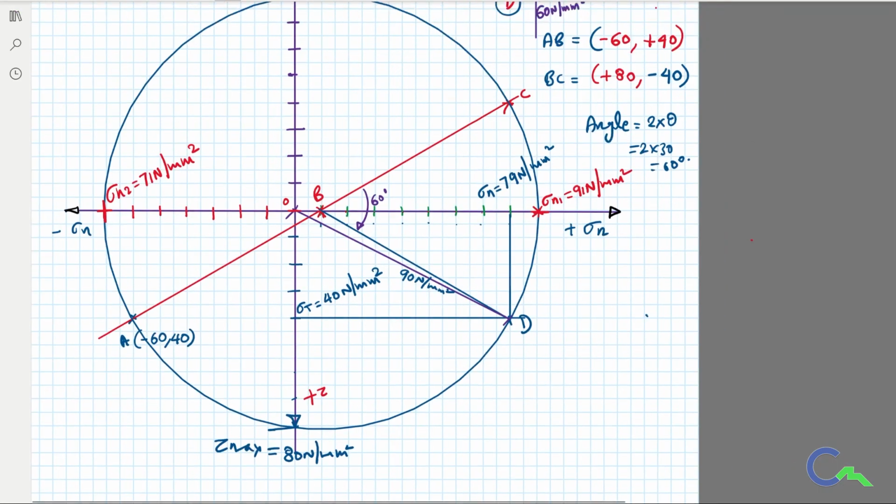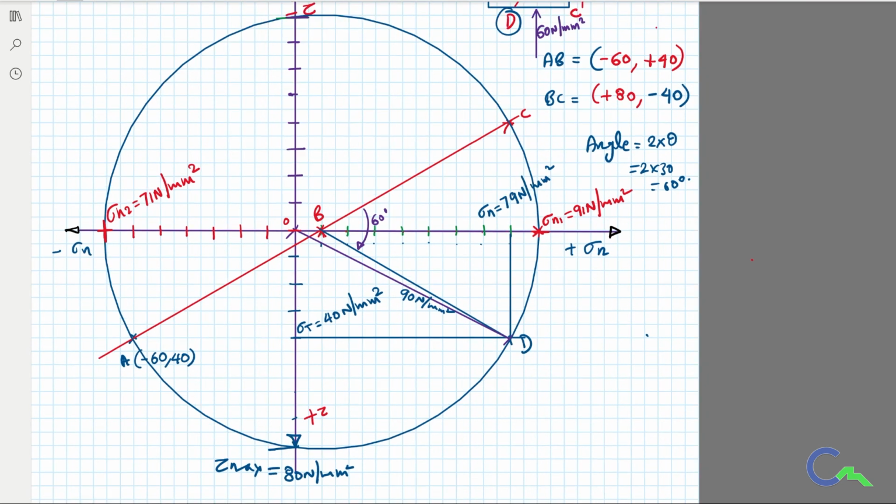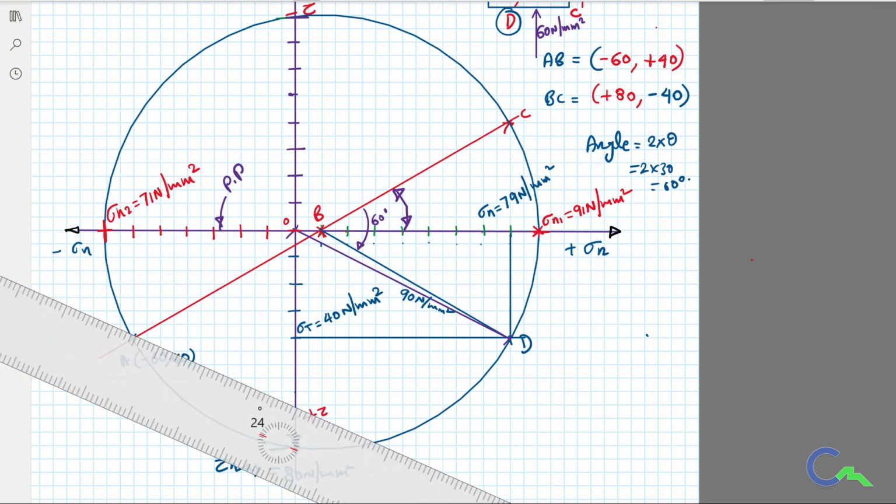Now the question is, what is the angle of the principal plane? As I said, we have BC here, therefore the principal plane is nothing but the horizontal axis. This is the principal plane, so if I measure this angle, I will get the angle of the principal plane. If you measure this one, I will get around 30 degree.